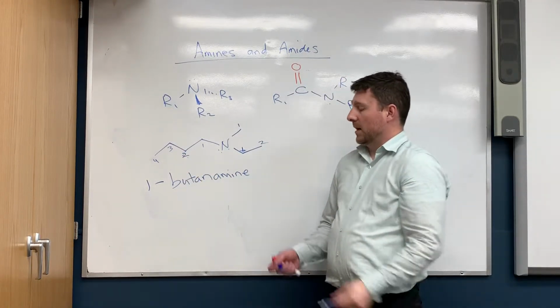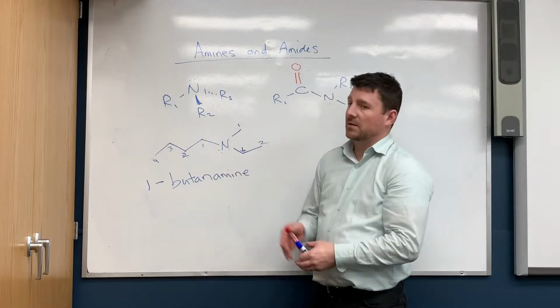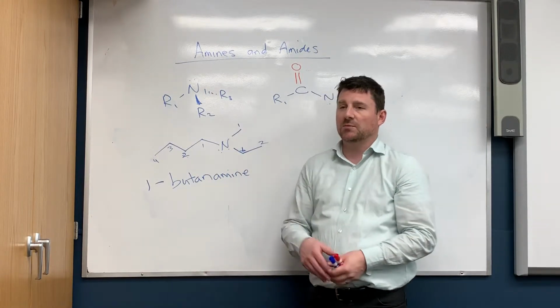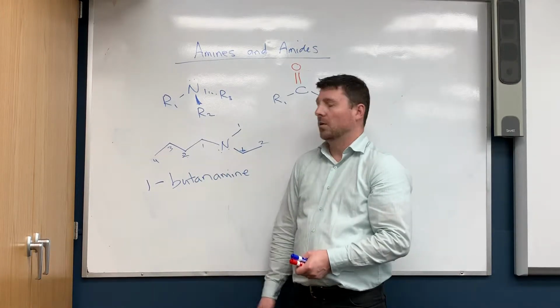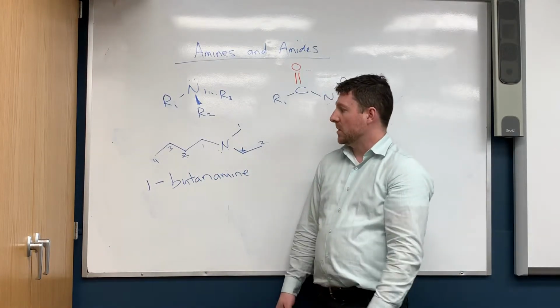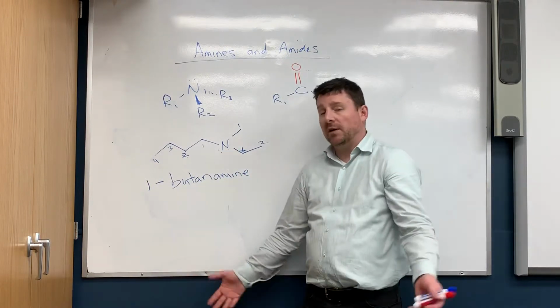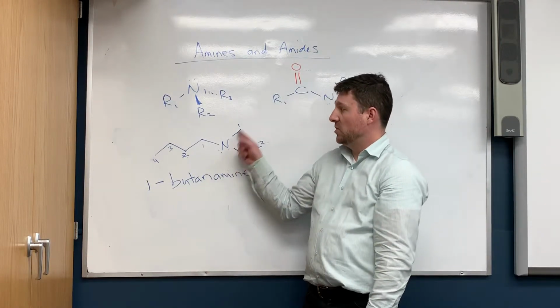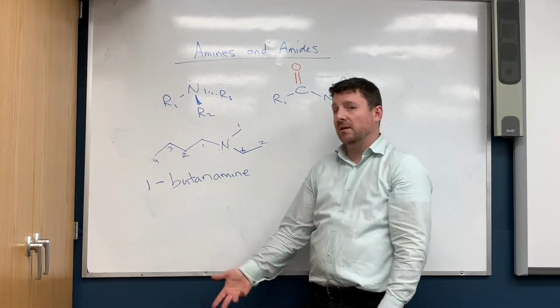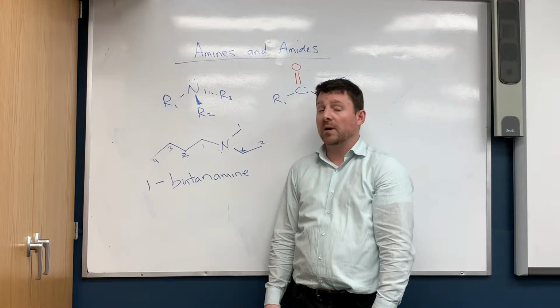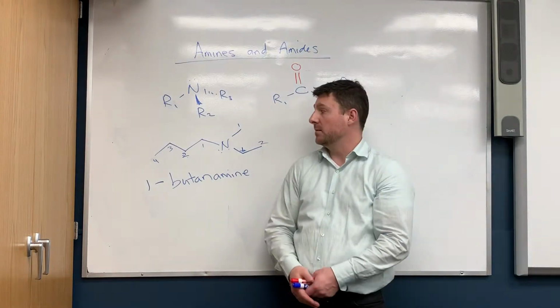In this case, what we refer to with amines is whether they're primary, secondary, or tertiary, which just means first, second, and third, or 1, 2, or 3. So a nitrogen which only has 1 carbon chain on it would be a primary amine. A nitrogen which has 2 carbon chains attached to it would be a secondary amine. And one that has all 3 bonding positions occupied by carbon chains is a tertiary amine.